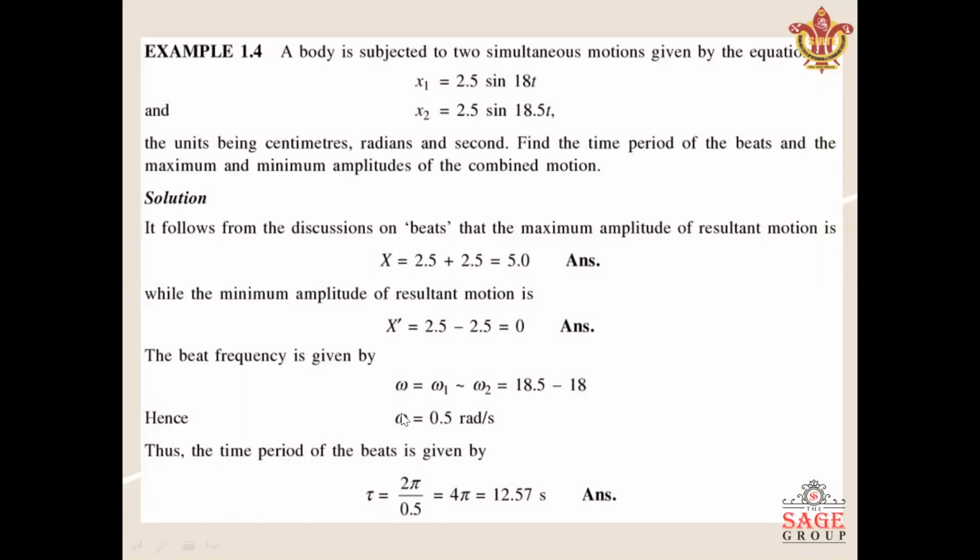Then the resultant frequency, or the difference in frequency, is 0.5 radian per second, as well as the time period.